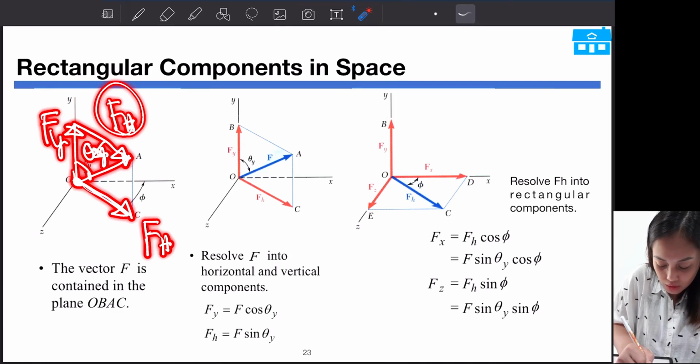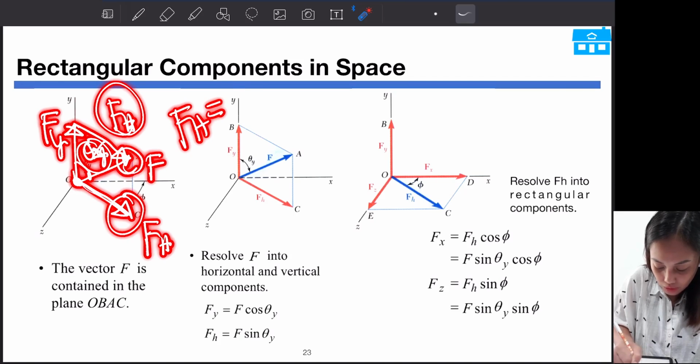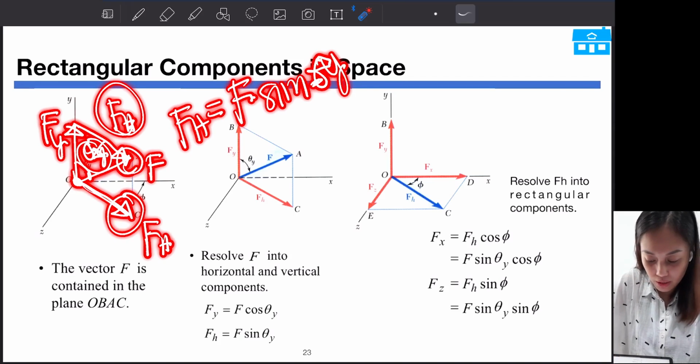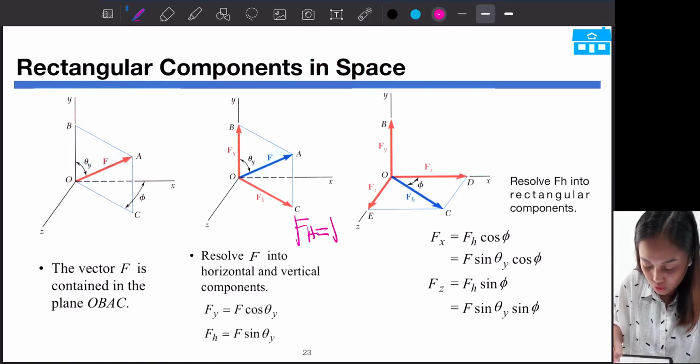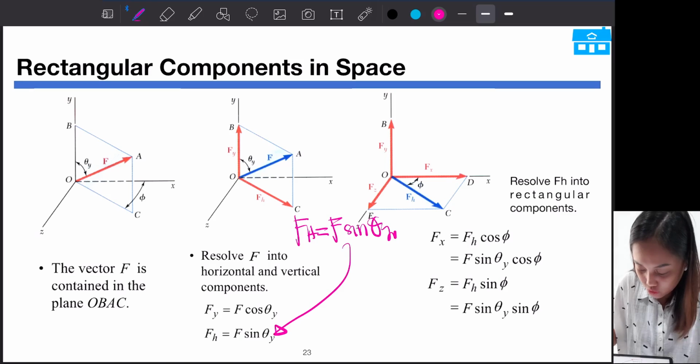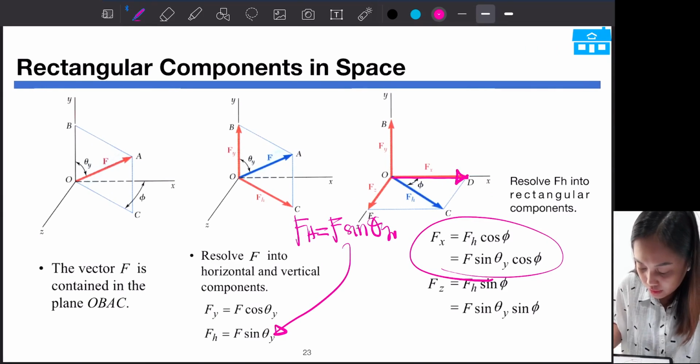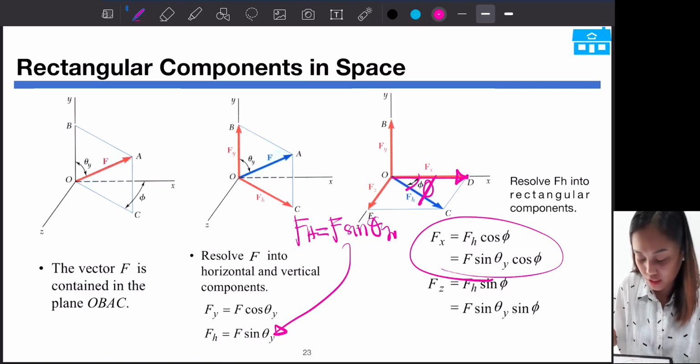FH is opposite theta y, so what is FH? FH is equal to the force F sine theta y. Write it down: FH is equal to F sine theta y. Now for Fx, say for example this angle is angle phi, and this is Fz.